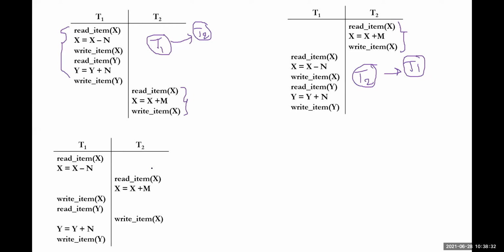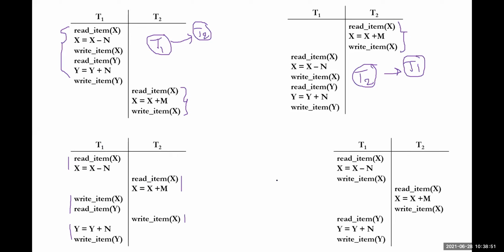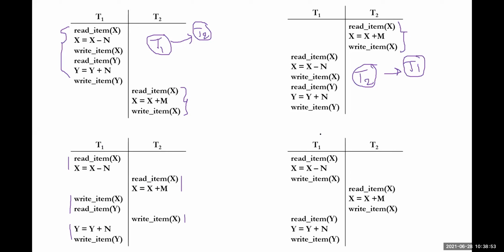But look at this: transaction T1 is interleaved by transaction T2. Two operations of T1, followed by two operations of T2, and again two operations of T1. Otherwise like this also: three operations of T1, three operations of T2, three operations of T1.